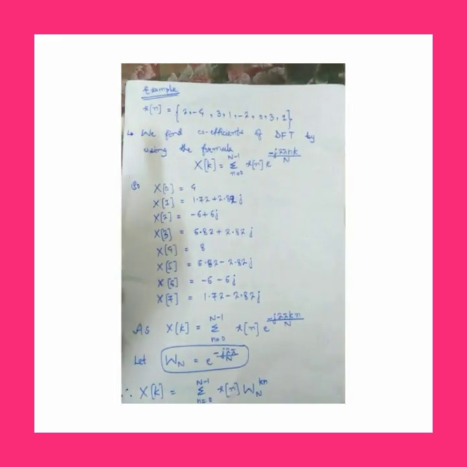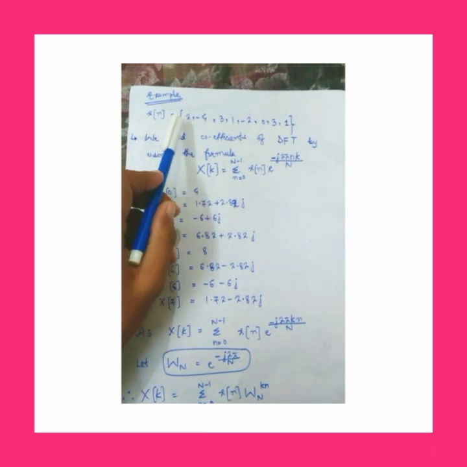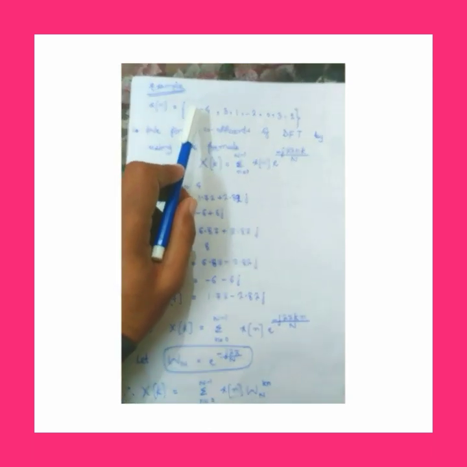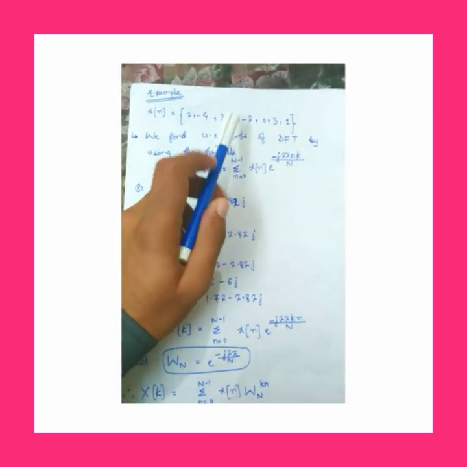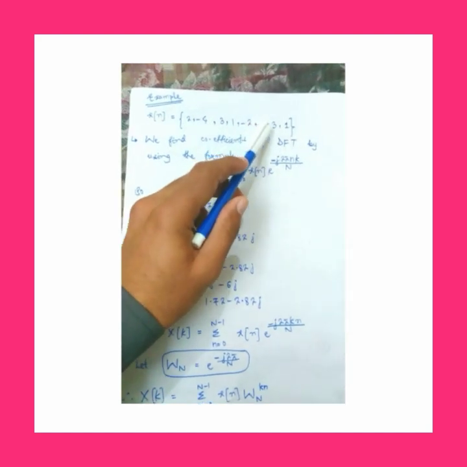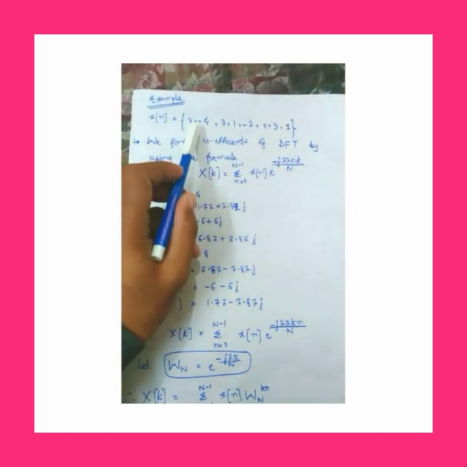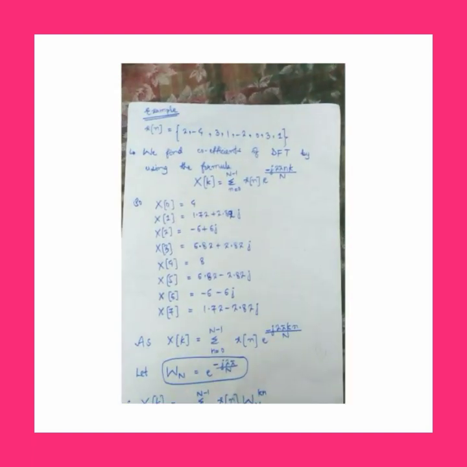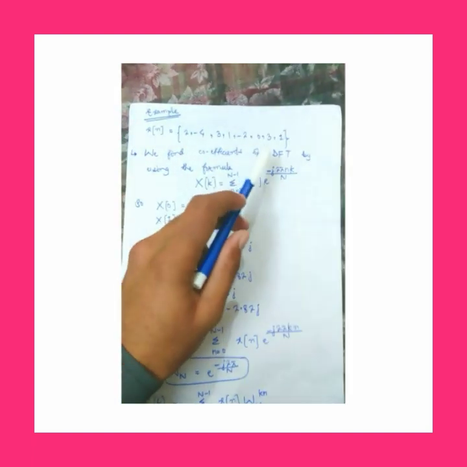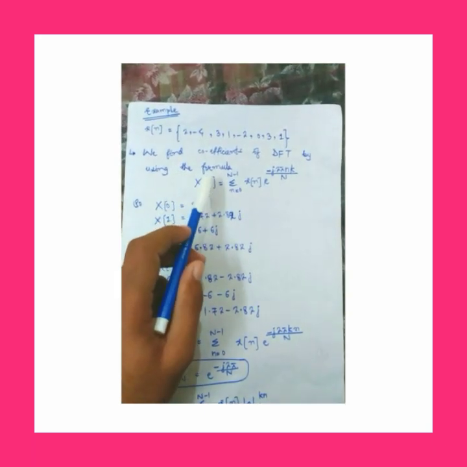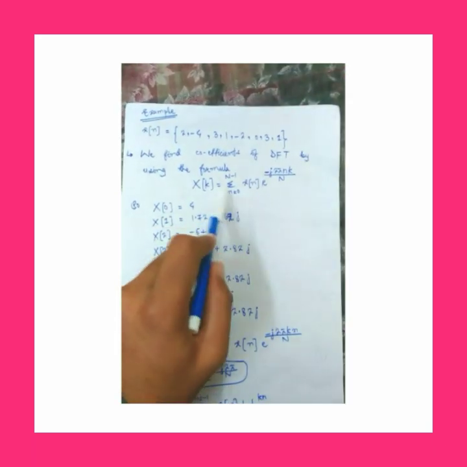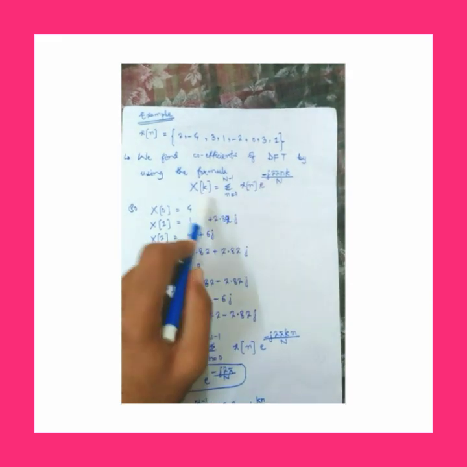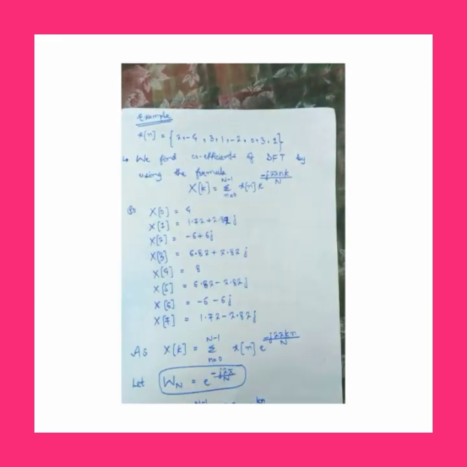Now let's consider an example in which a sequence x[n] is equal to 2, -4, 3, 1, -2, 0, 3 and 1. N in this case will be 8 as there are 8 samples. First of all, we find the coefficients of DFT by using the formula that is as follows, and we have discussed this formula in detail in the previous lecture.